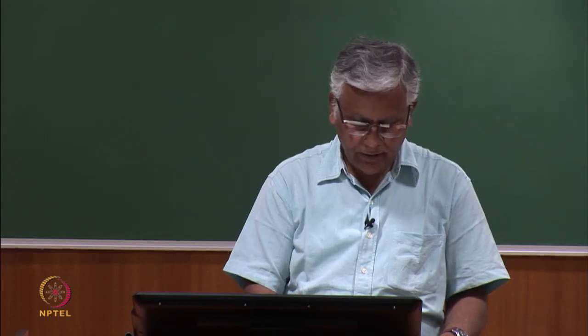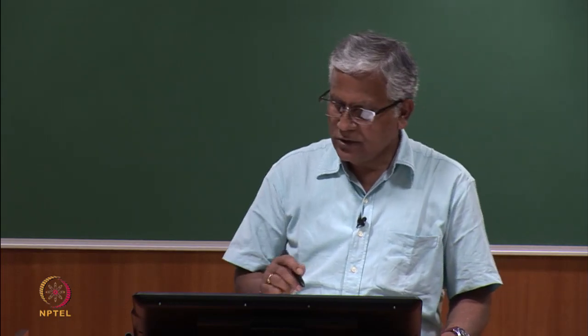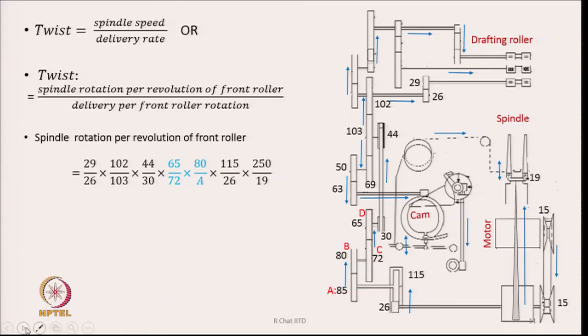Now, that is what we have tried to calculate, and that calculation is shown in this diagram, in this slide: spindle rotations per revolution of the front roller. What we have done here is assume that the front roller turns by one revolution. For one rotation of this, what is the revolution of this spindle?